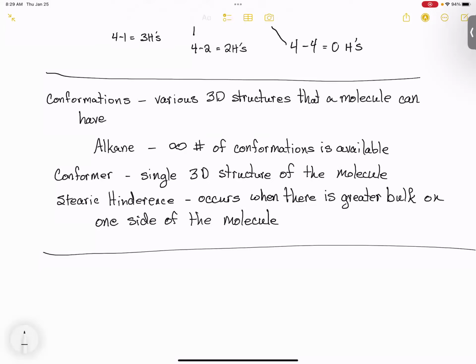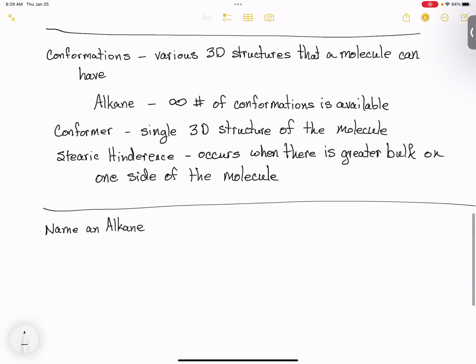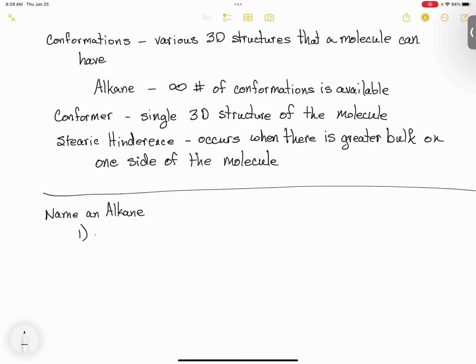So I actually began at the back of this section and then moved through each piece. To name an alkane, the first thing you need to do is name the main chain.